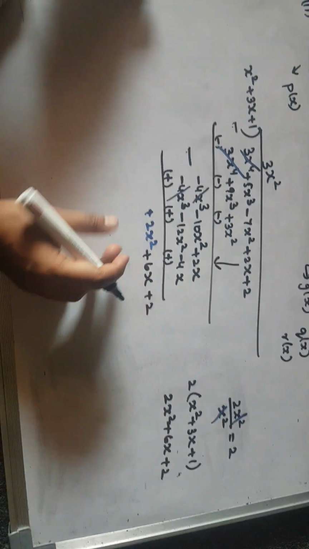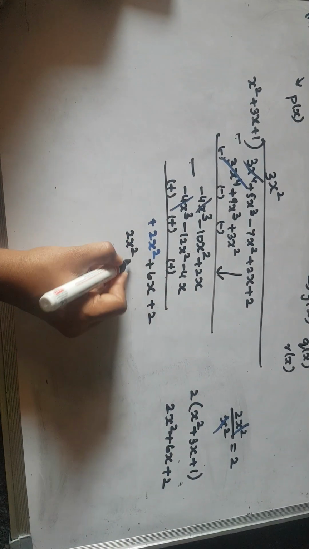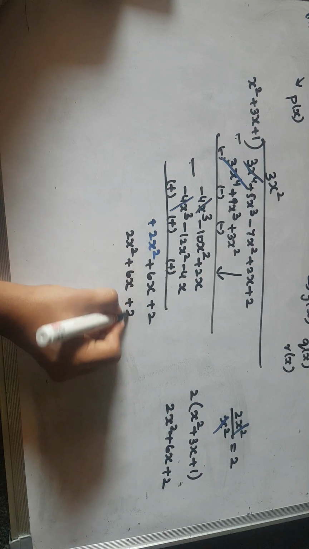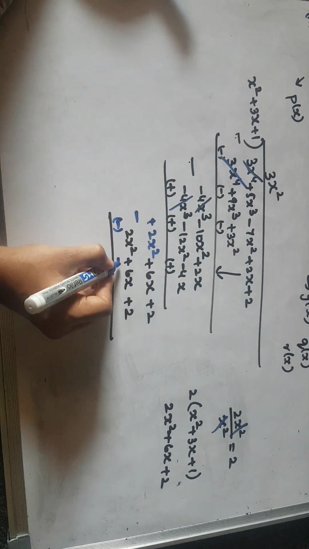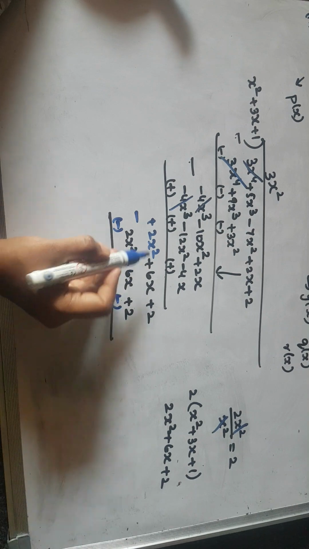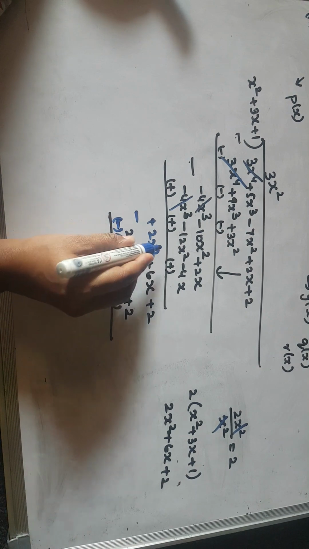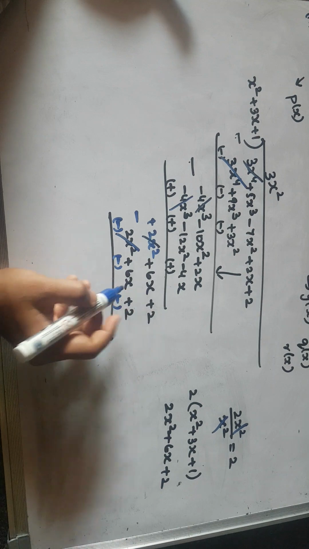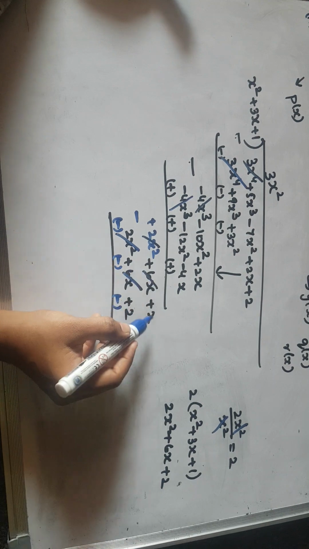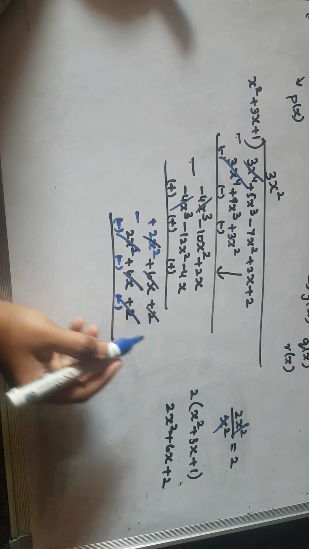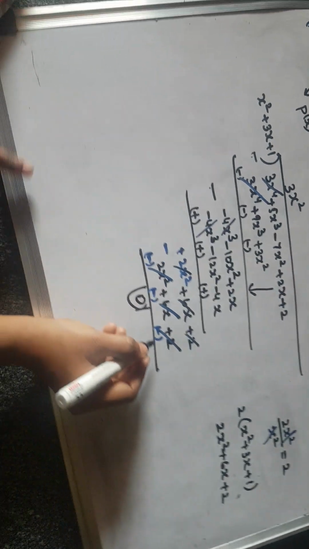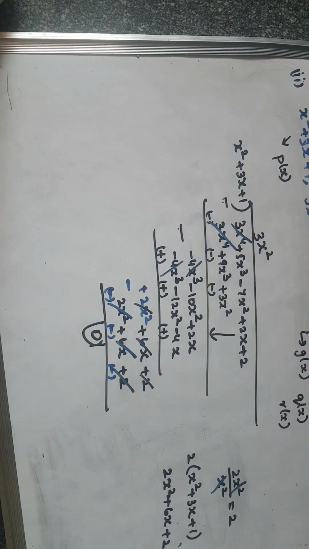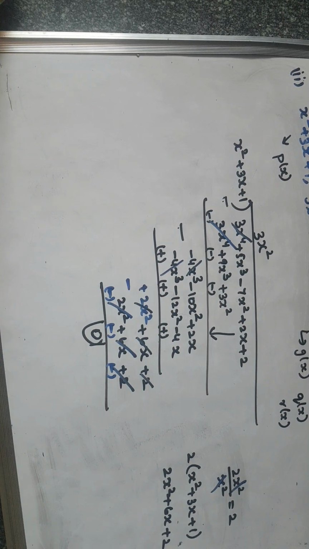Now write this value here, 2x square plus 6x plus 2. Subtract, so it becomes minus; plus 2x square minus 2x square cancels, plus 6x minus 6x cancels, plus 2 minus 2 cancels. So what is the final answer? We have got 0.